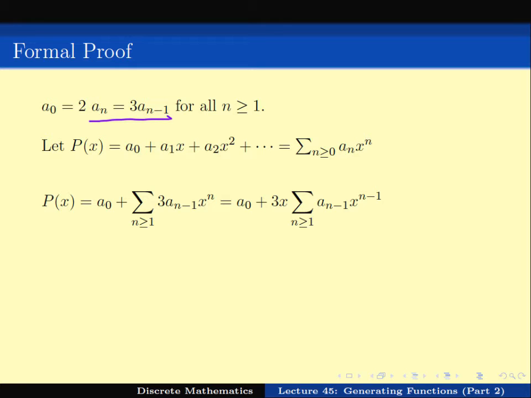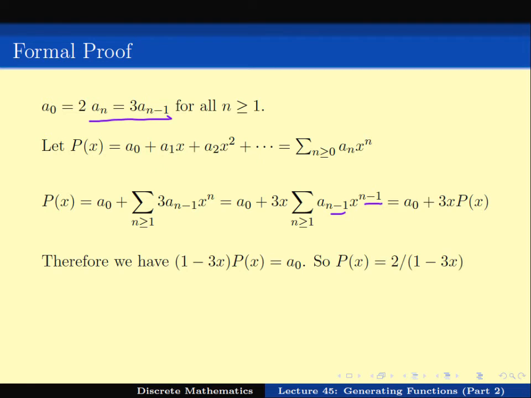Now I can change the base for this sum. Since n is greater than or equal to 1 and we have both n minus 1 and x to the power n minus 1, this is exactly the sum from n equals 0 of an x to the power n, which means this one is the polynomial. So this is a0 plus 3x times p(x). And so we have 1 minus 3x times p(x) equals a0.